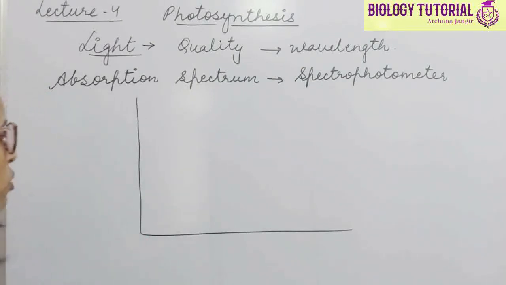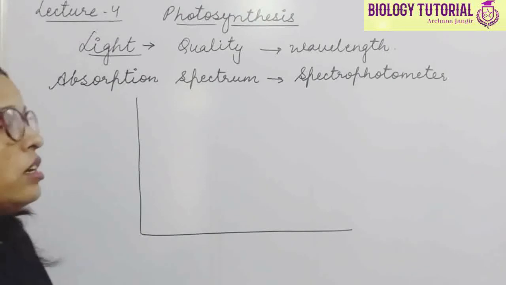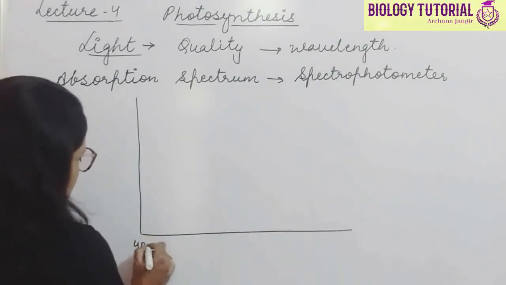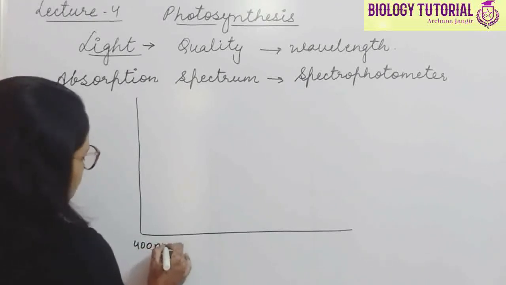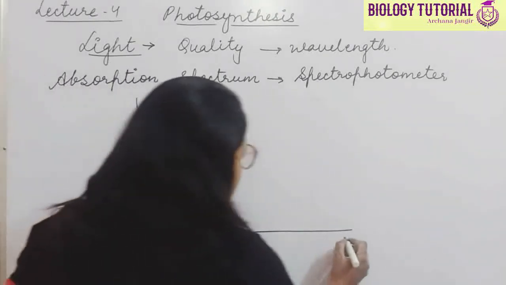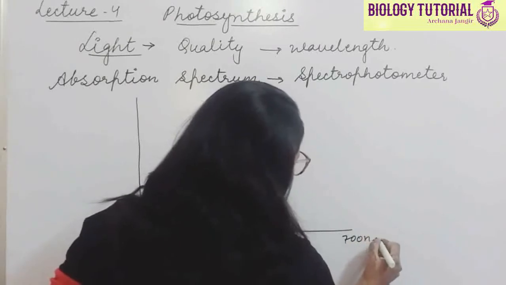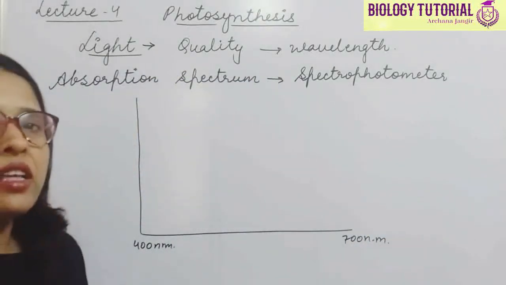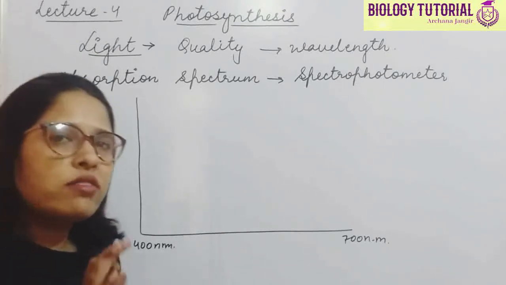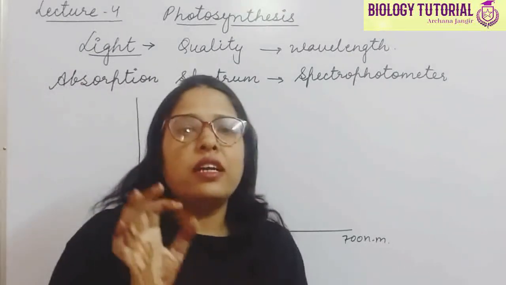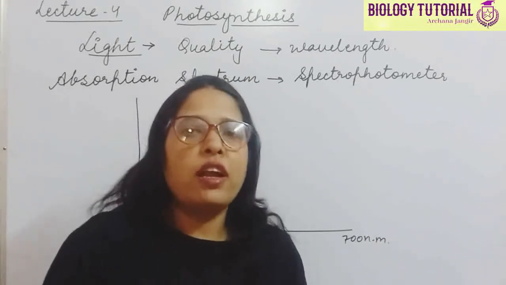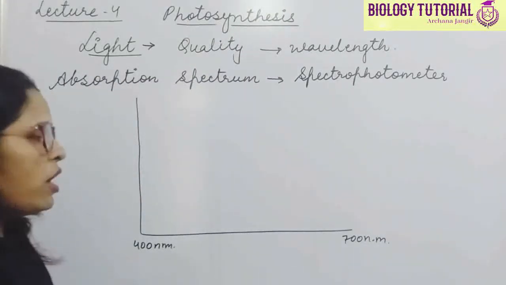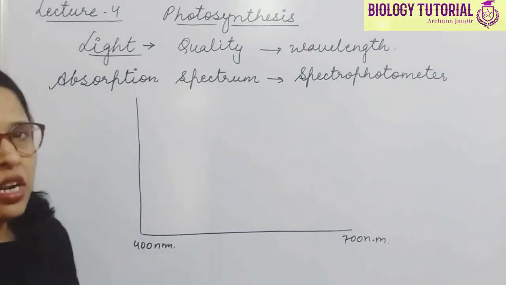So here we are going to discuss the different wavelengths of light. Here is 400 nanometer and here is 700 nanometer. We know that in white light the 7 colored band is obtained. That band is called a spectrum, and the complete spectrum is from 400 to 700 nanometer. Clear?